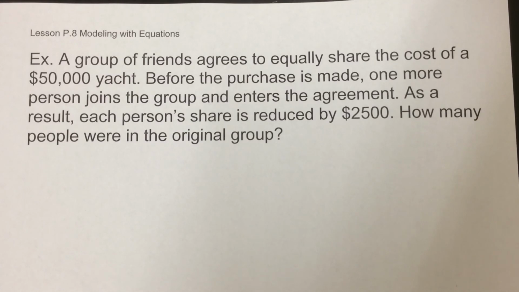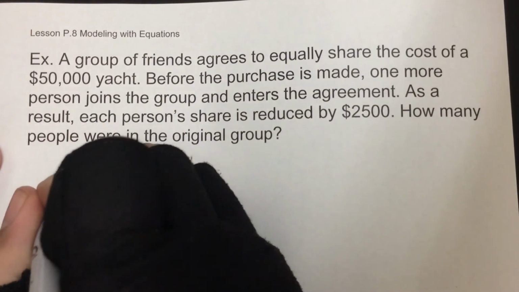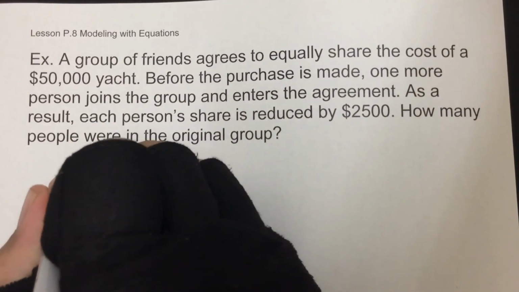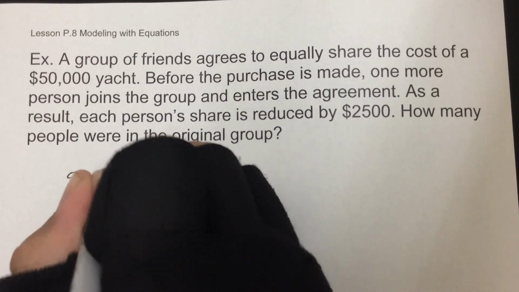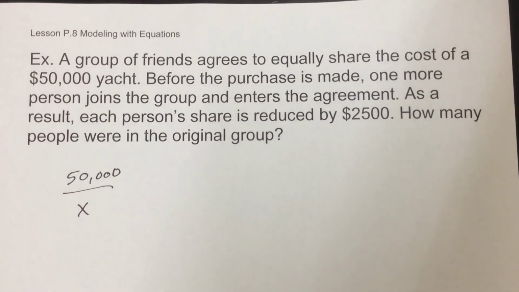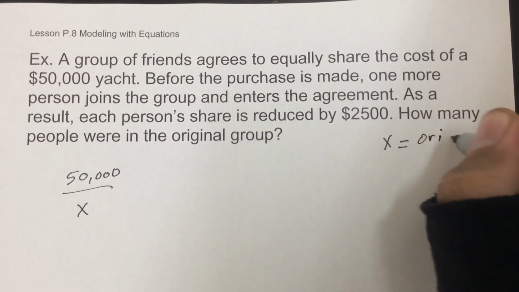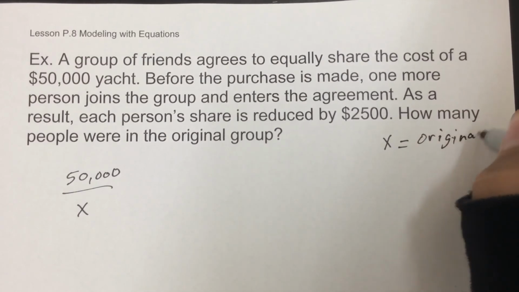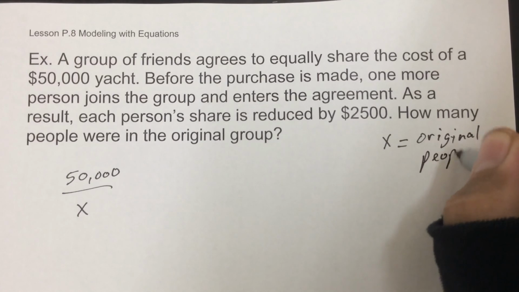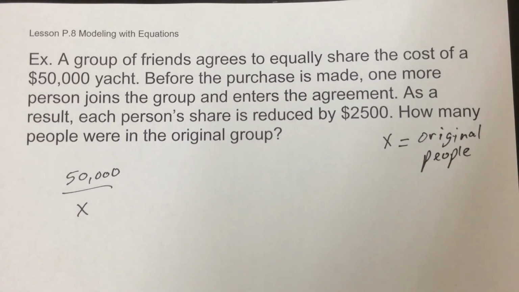So, this is how we're going to set this up. If you think about what the share is to begin with, it would be the 50,000 divided by the X amount of people. We're going to let X be original people. So each person's share would be that total amount divided by however many people are there.